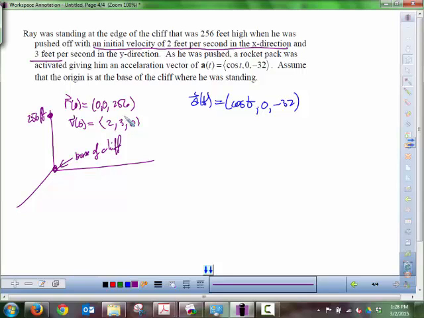And let's just say there's no z direction in the initial velocity. Yeah, that's going to be a vector also? Well, you can think about it as a vector or a point. It's a point, but you could also think about it as a vector from the origin pointing to that thing.